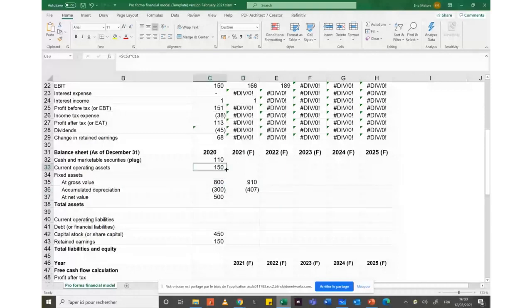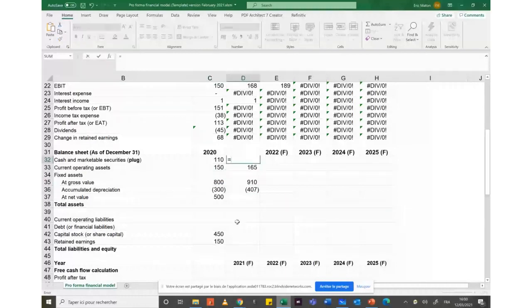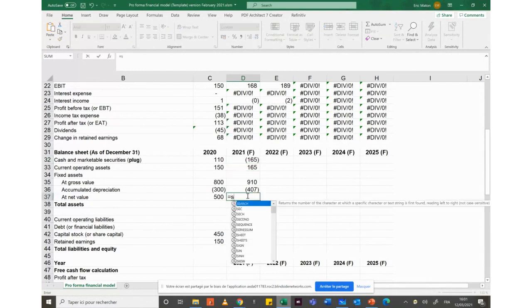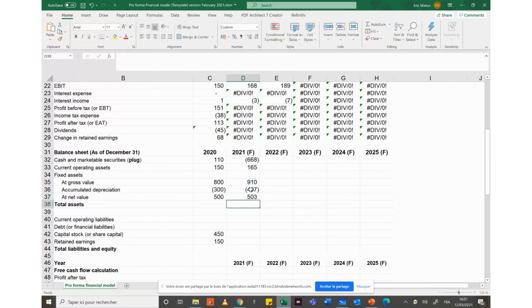I will find the cash by difference. So I use the total liabilities and equity minus the non-cash assets, minus this one, minus this one. This one is equal to the sum of this one minus this one. So now the total assets is the sum of this one and this one plus the net value. You can use the same formula all the time.